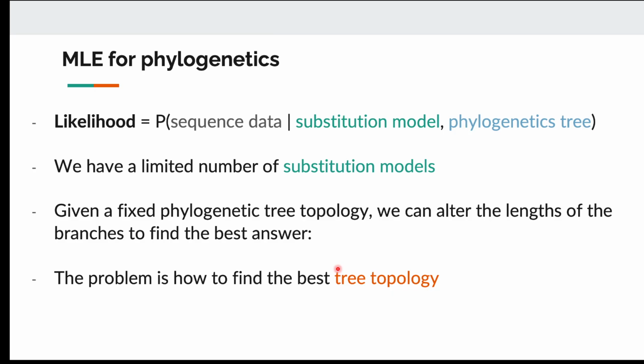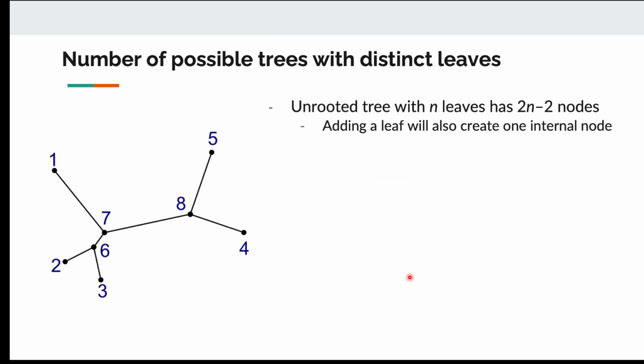So let's say we have this unrooted tree. Unrooted means we didn't specify the common ancestor. We don't know where the common ancestor occurs, whether it's here or here or here or here. Maybe I should have introduced graph theory, but anyway, for now, let's say this is a tree.